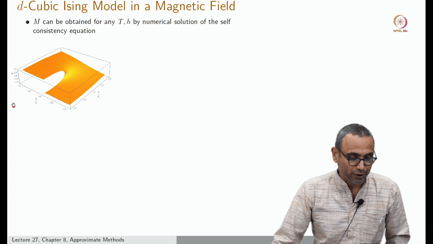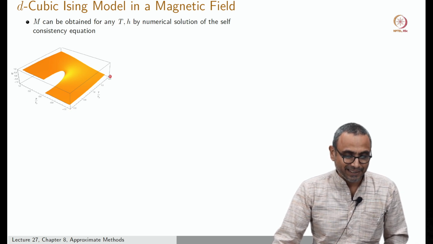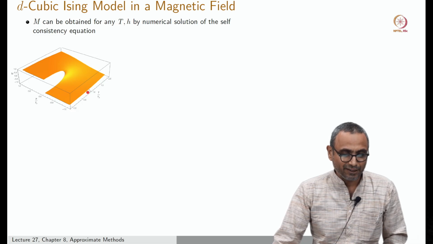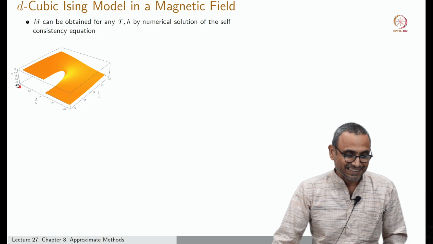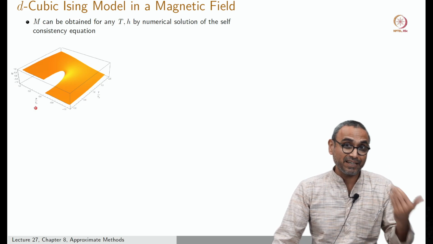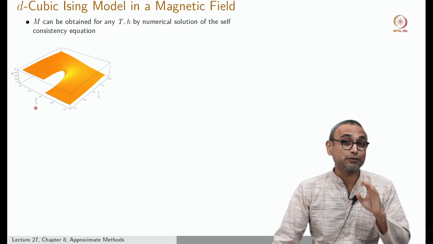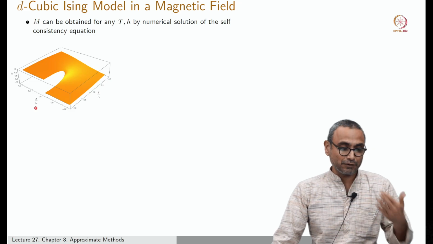Let me just walk you through this graph. This axis here is T by Tc. It starts at 0 and goes all the way to 2. This axis here is H by Tc. Remember, H in the way we discuss things has dimensions of energy. Magnetic field in the way we set up the problems has dimensions of energy.